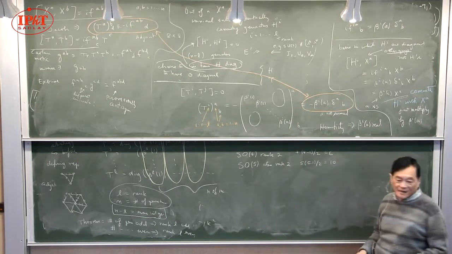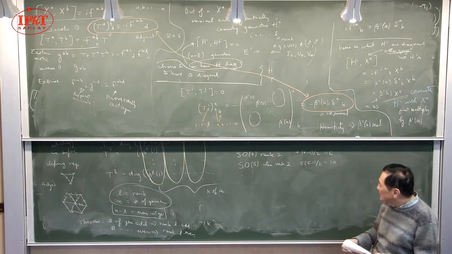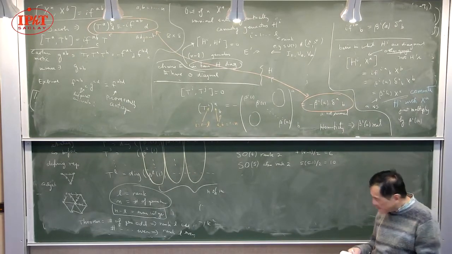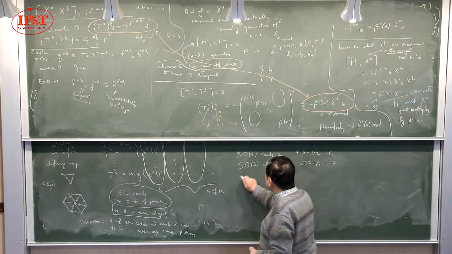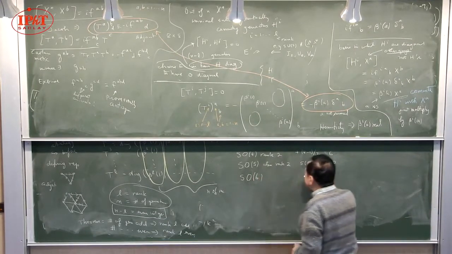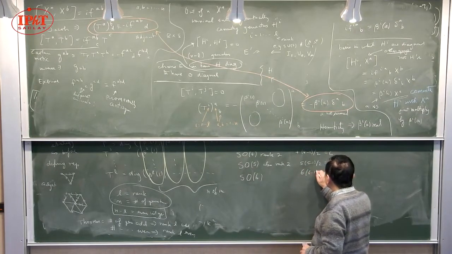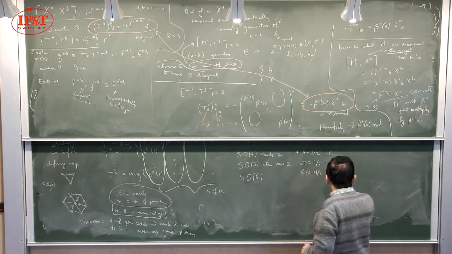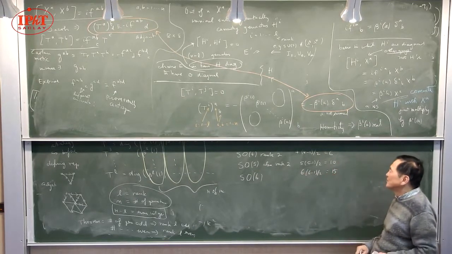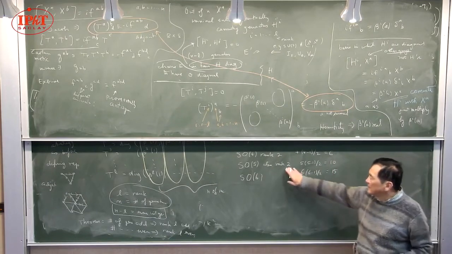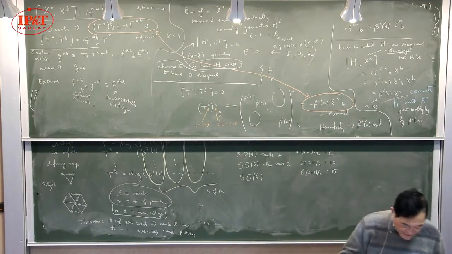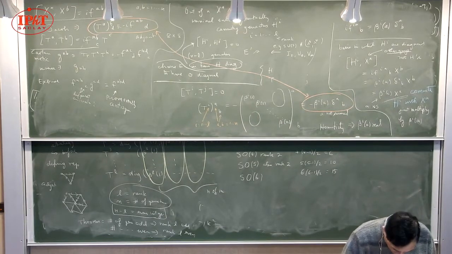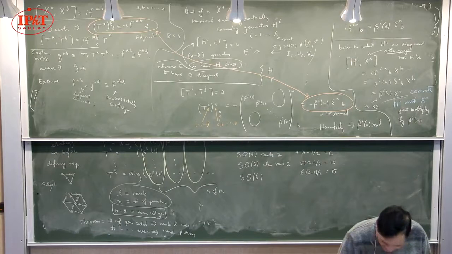So they both have an even number of generators, even though this is bigger than that one. This shows the rank cannot go up in this case. But if you look at SO(6), it's different. 6 times 5 over 2 is 15. So it has an odd number of generators, so its rank must be odd. It cannot have rank 2. In fact, it is rank 3. So this very small theorem already gave us an interesting result.